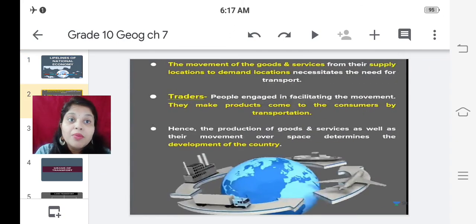So the movement of the goods and services from their supply location to demand location necessitates the need for transport.